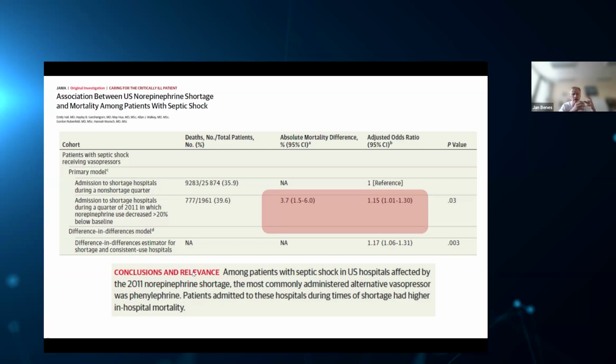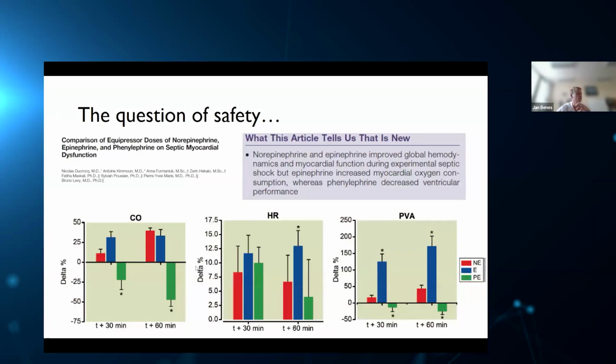So the idea that you will use something more vasoconstrictive in shock, so more alpha mimetic in septic shock, somehow seems not to work. The reason may be that phenylephrine has almost a negative effect on contractility. It has no effect on beta, so it's a pure alpha mimetic.